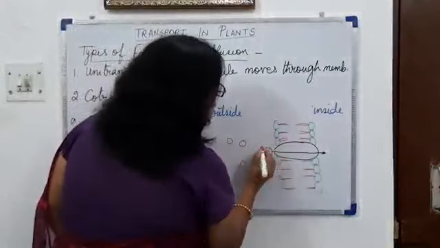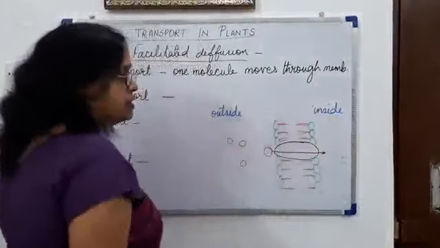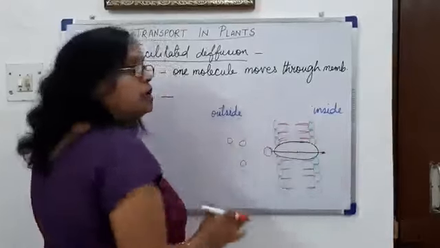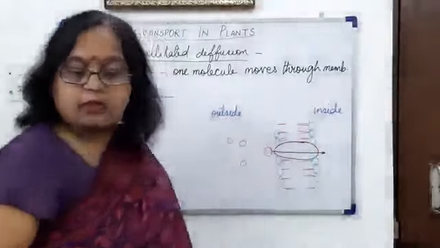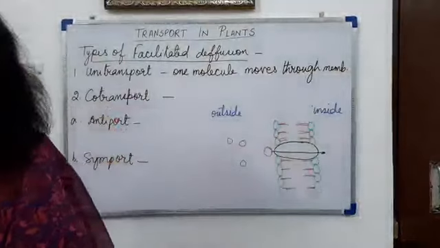So this molecule from outside enters into the inside of the cell unidirectionally, means one molecule is moving from outside to inside.